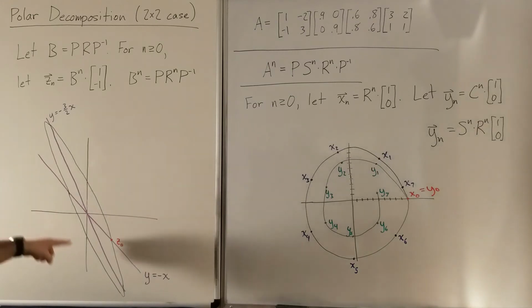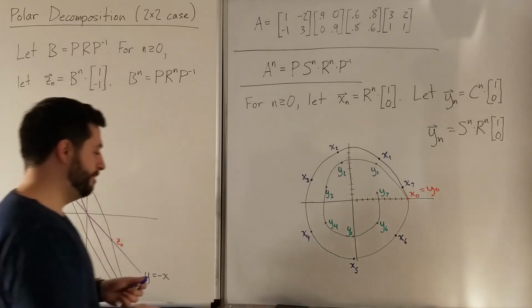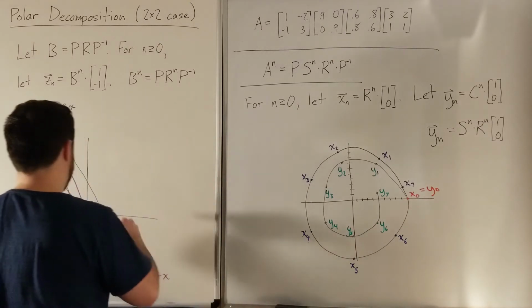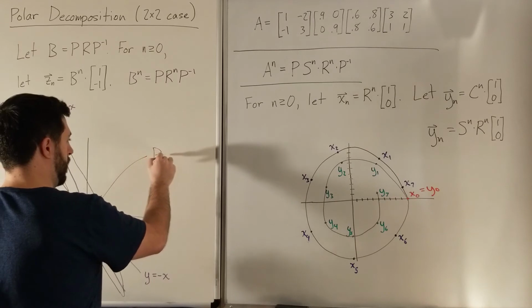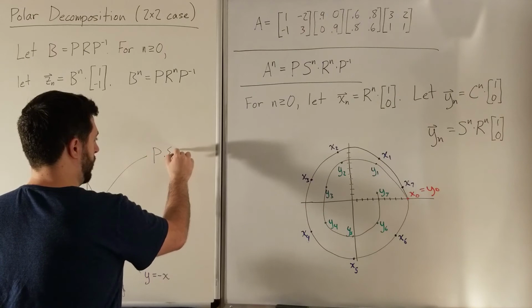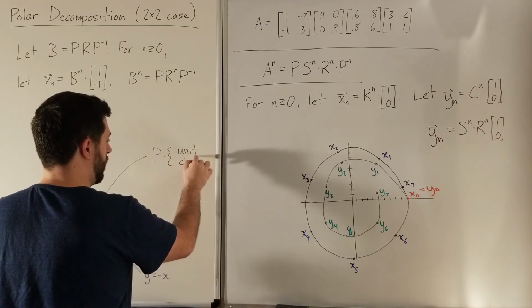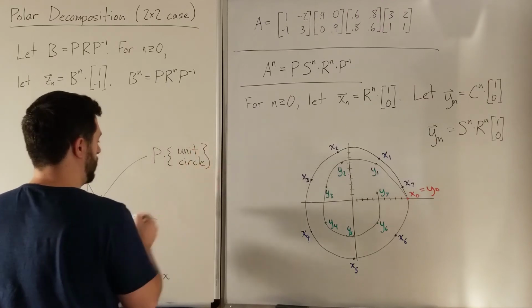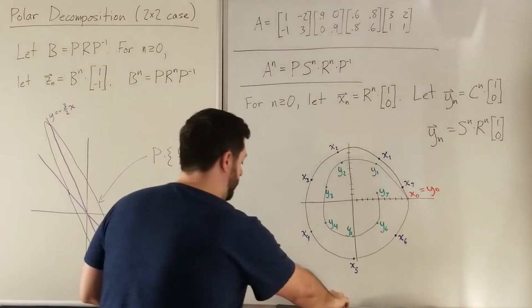The ellipse I've drawn poorly here is just the unit circle with the matrix transformation P applied to it. So it's the set of points which look like P times a point on the unit circle.